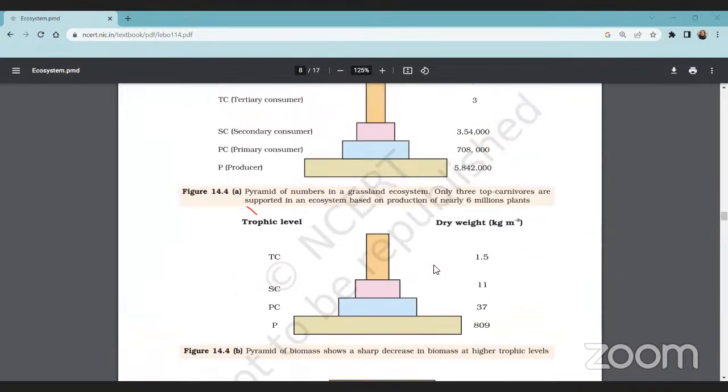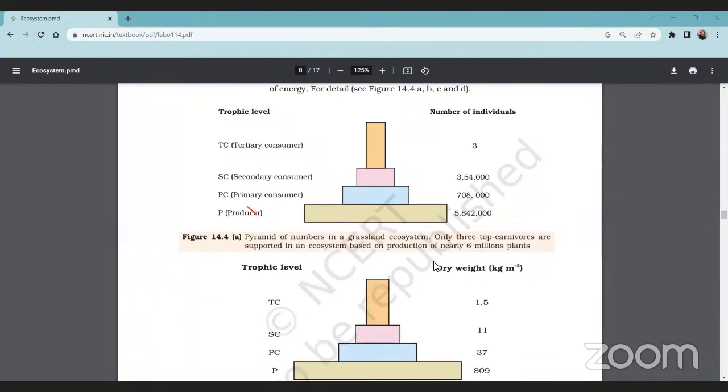Here we can see the three types of pyramids.